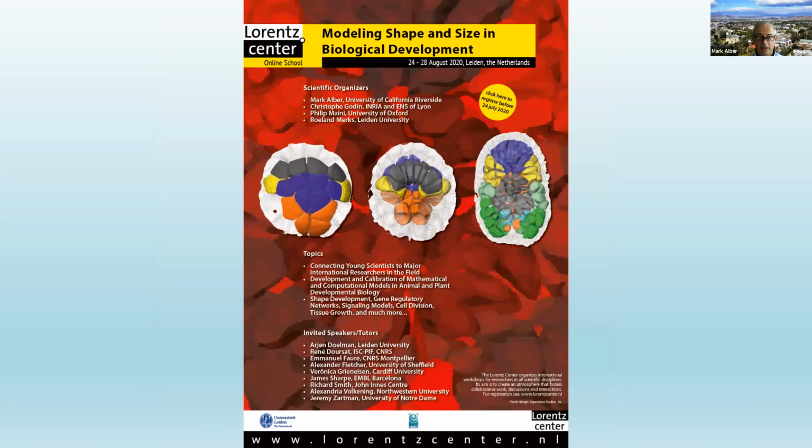So I just want to mention a workshop we co-organized with Christophe Godin, Philippe Meigny, and Roland Merckx a couple of years ago, which was titled Modeling Shape and Size in Biological Development. And that's exactly what I'm going to talk about.